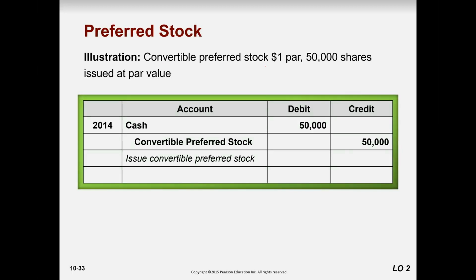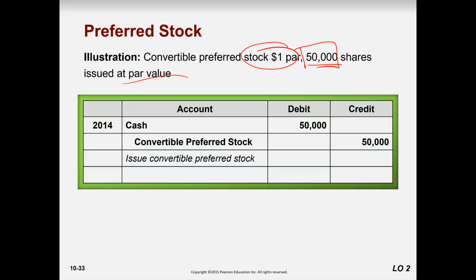Convertible preferred stock, par value 1, 50,000 shares issued at par. So convertible preferred stock, its par value is 1, right? So preferred stock values were 50,000.